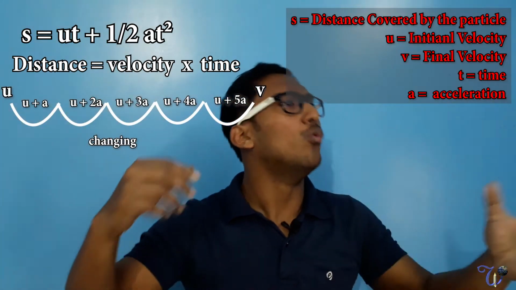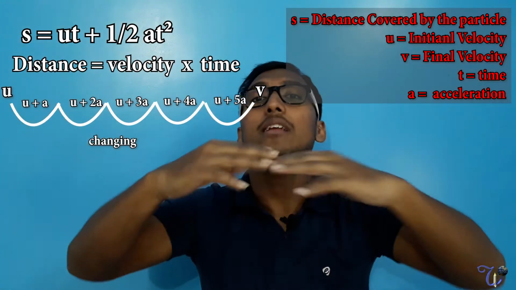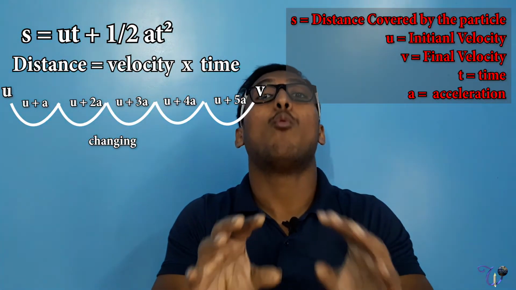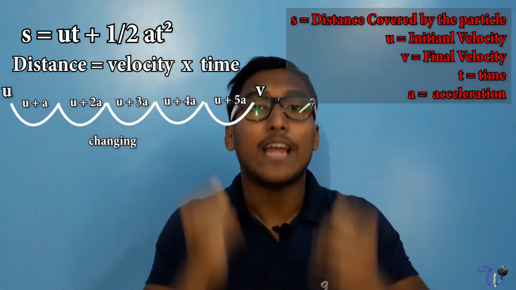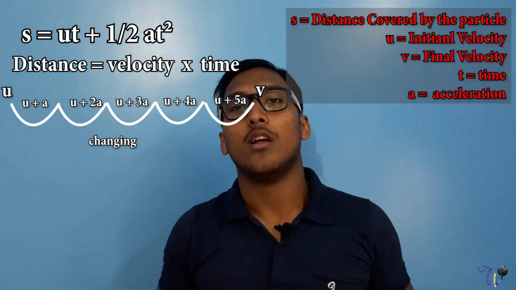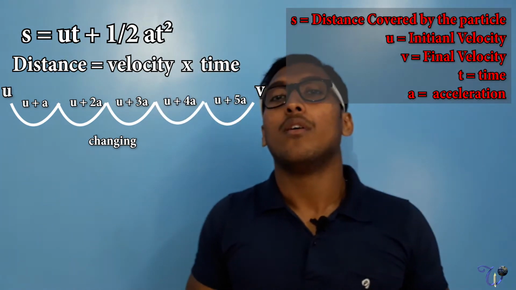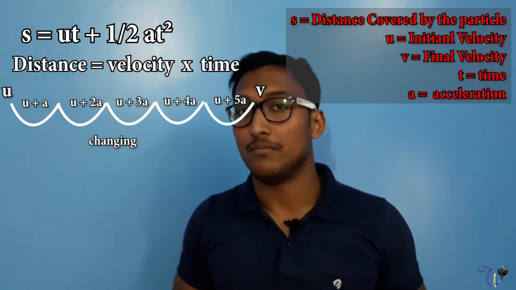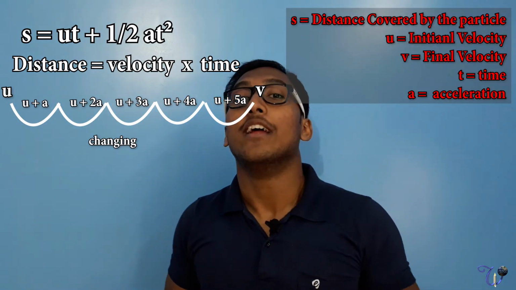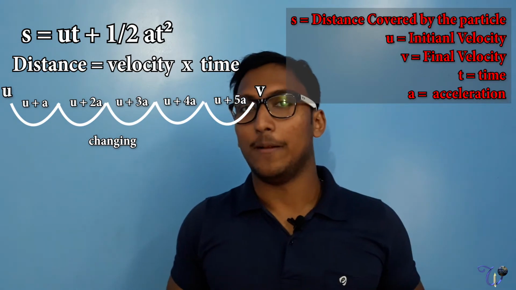Like this, u plus a, u plus 2a, u plus 3a, u plus 4a, the velocity is changing. So what velocity should we take here to multiply with t to get the distance s? Because of the constant acceleration, we can use the average velocity.